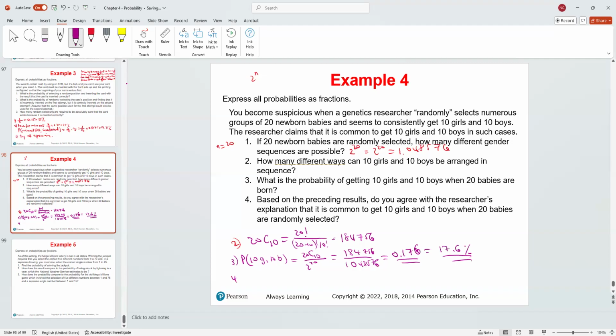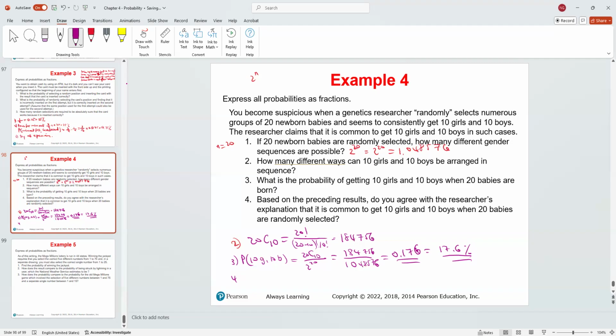With a probability of 0.176, or 17.6%, the result is not something that should be called common, because it's pretty far from 50%. So we cannot say that. Most of the time, the number of girls and boys will not be exactly equal, right?